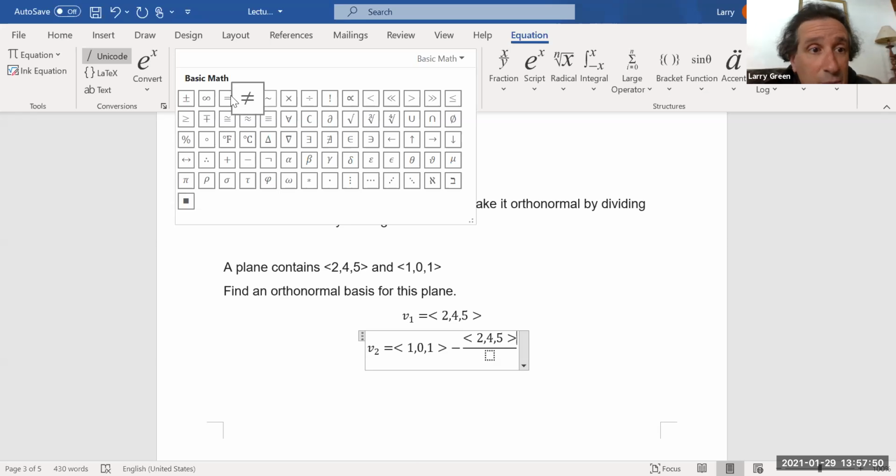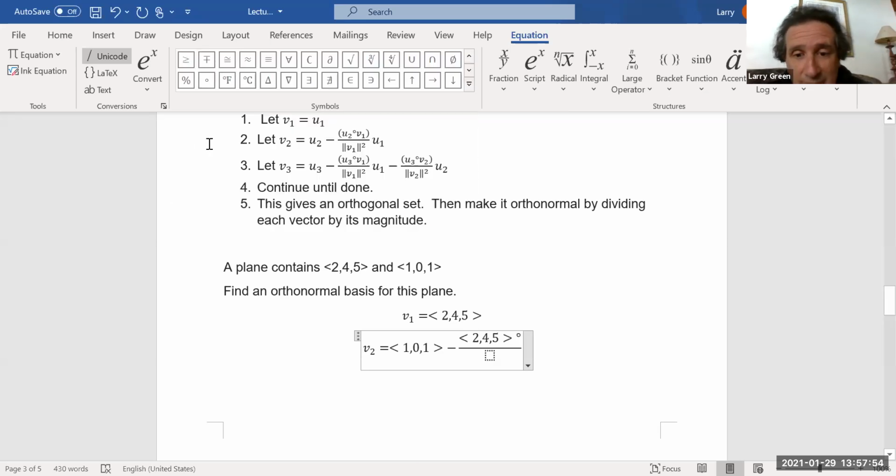I know there's a dot somewhere in here. There it is. And then I'm going to divide it by the magnitude of V1, the square of the magnitude.